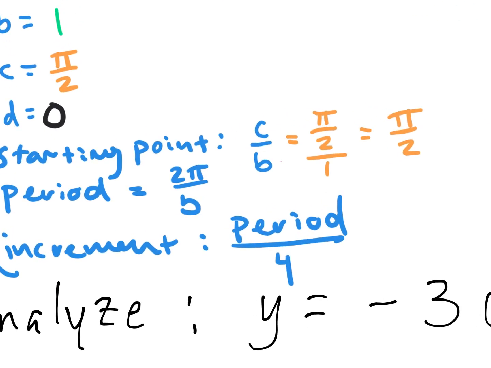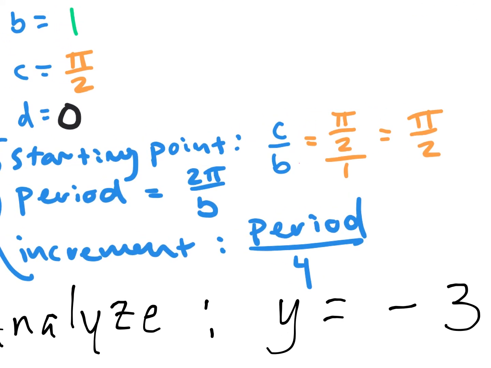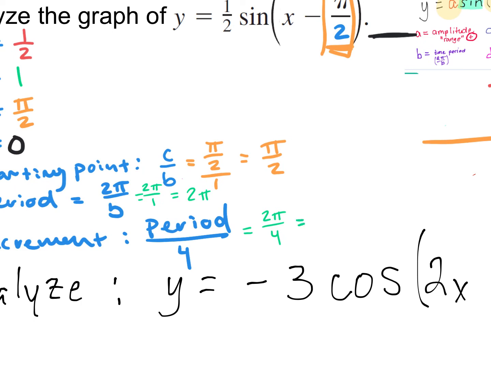Next, I need to find the period. 2 pi over b. So 2 pi over 1, which would just be 2 pi. Finding the period helps us find our increments. So we just divide the period by 4. So 2 pi over 4, which would be pi over 2.